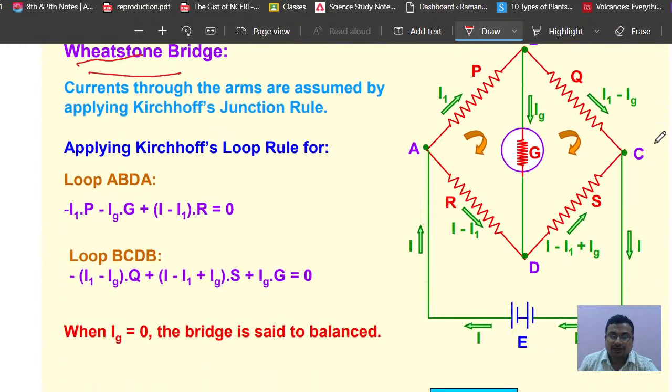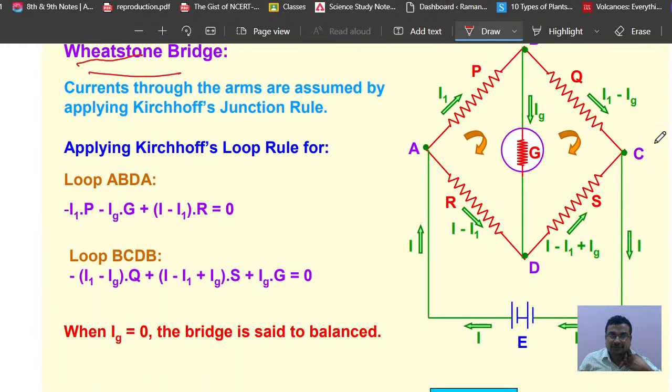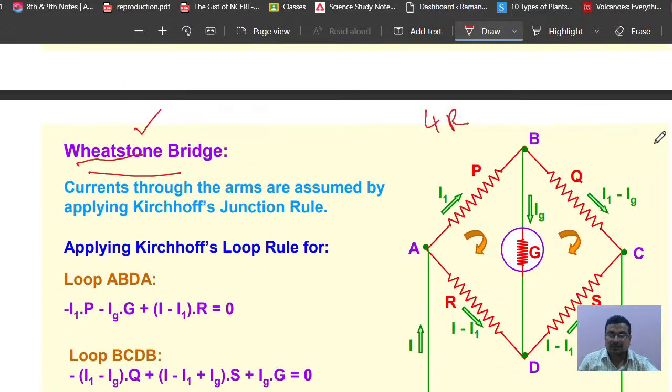Here, students, this is the Wheatstone bridge. At the center we are connecting the galvanometer. The Wheatstone bridge is said to be balanced when no current passes through the galvanometer.